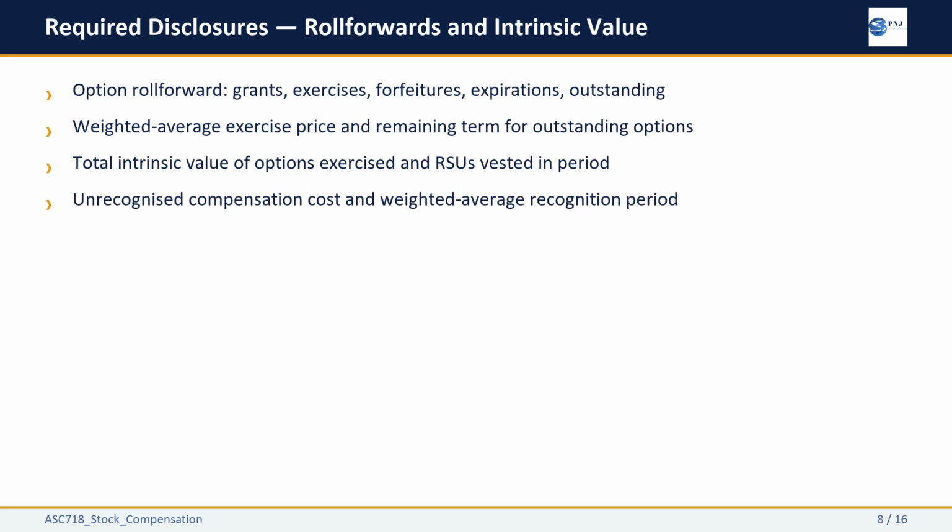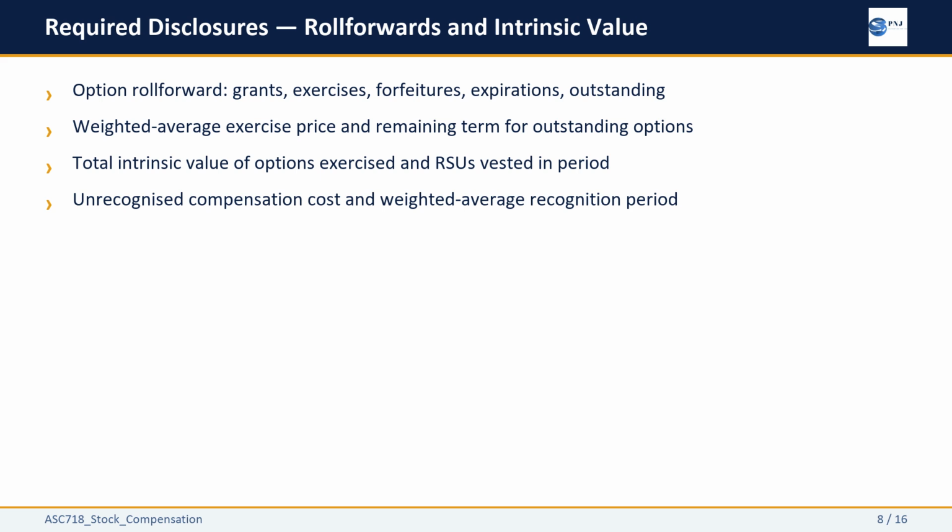The option roll forward is one of the most visible disclosures. Opening balance plus grants, minus exercises, minus forfeitures and expirations, equals ending balance outstanding. For outstanding and exercisable options, you must also show the weighted average exercise price and remaining contractual term.